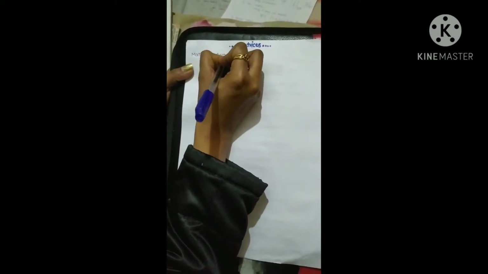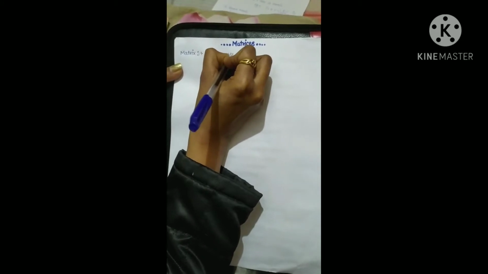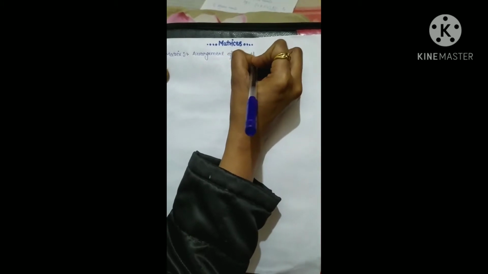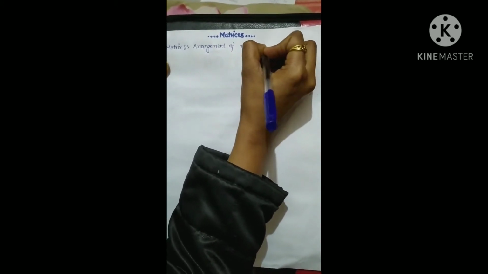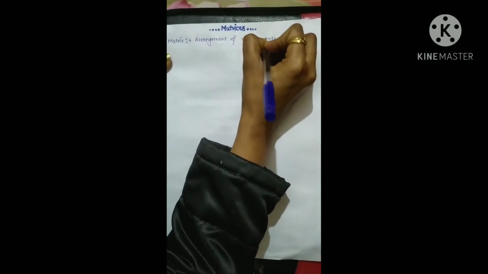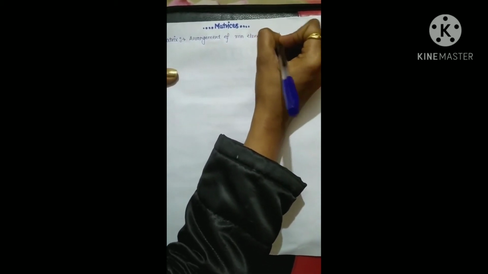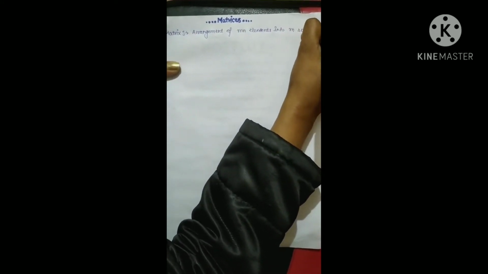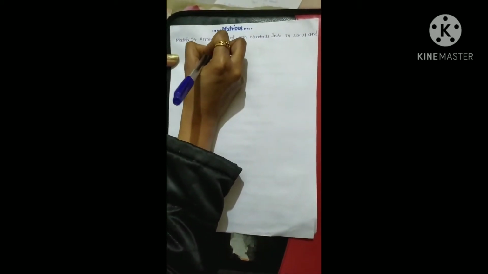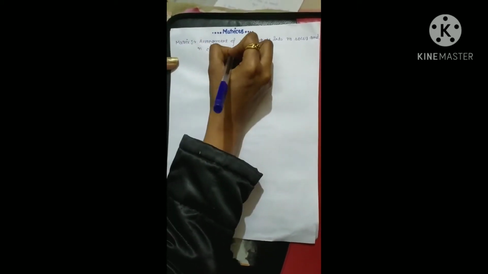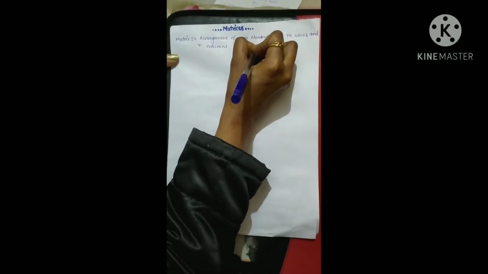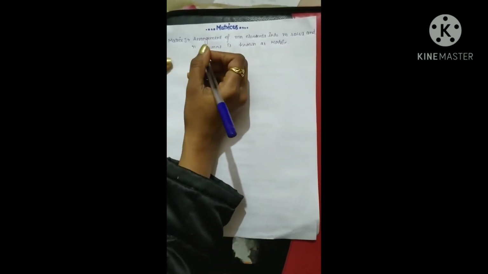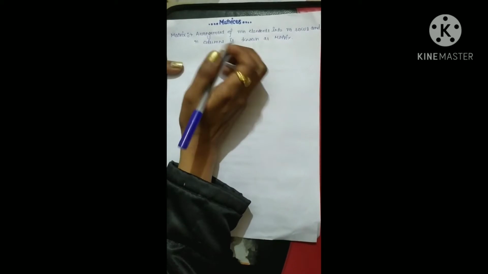Arrangement of mn elements into m rows and n columns is known as a matrix. Simply you can say that arrangement of rows and columns is known as a matrix.